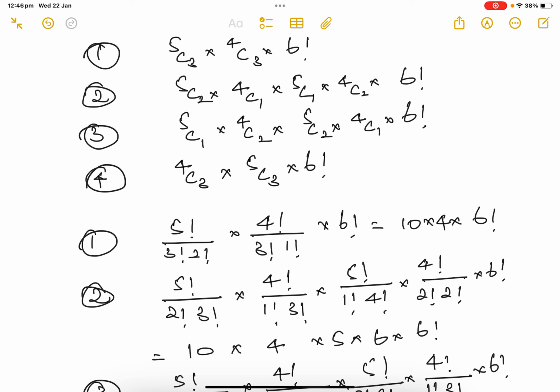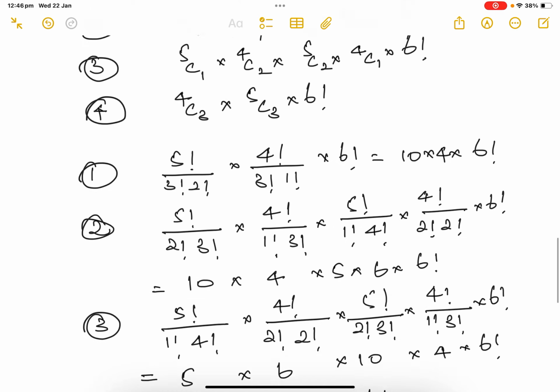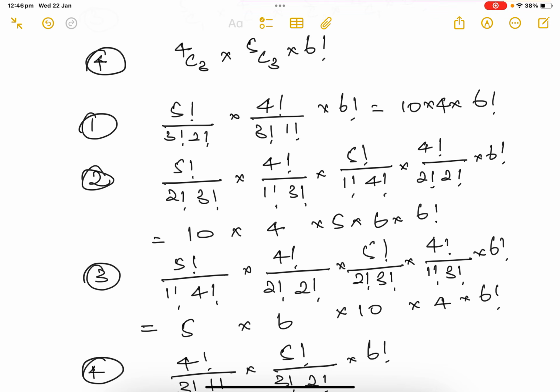So 10 times 4 times 6 factorial for the first one. Second one, we write out the factorials for each combination.